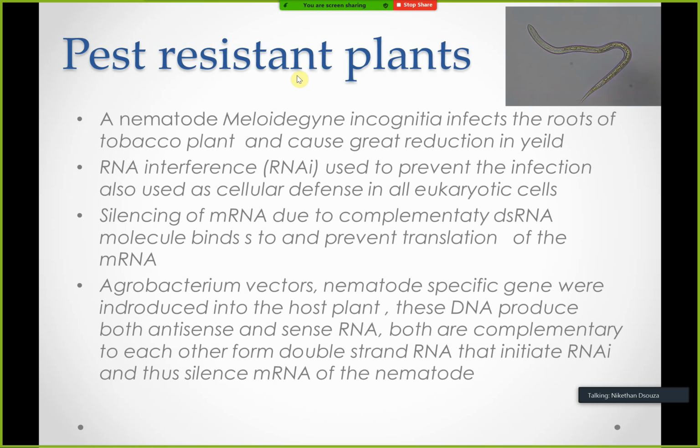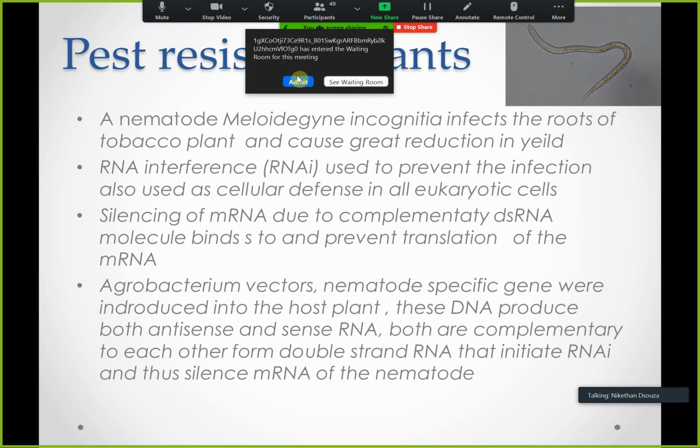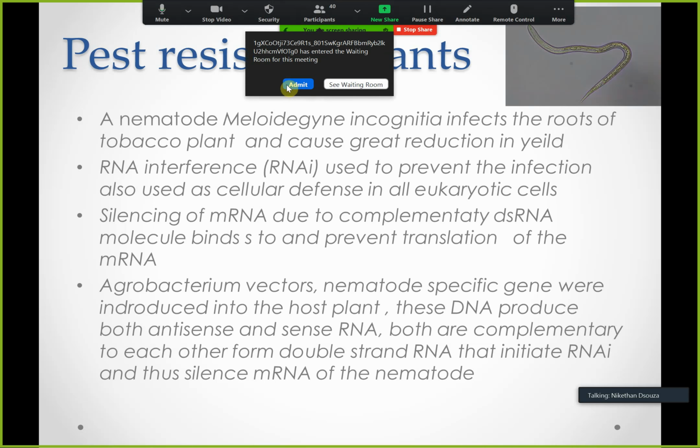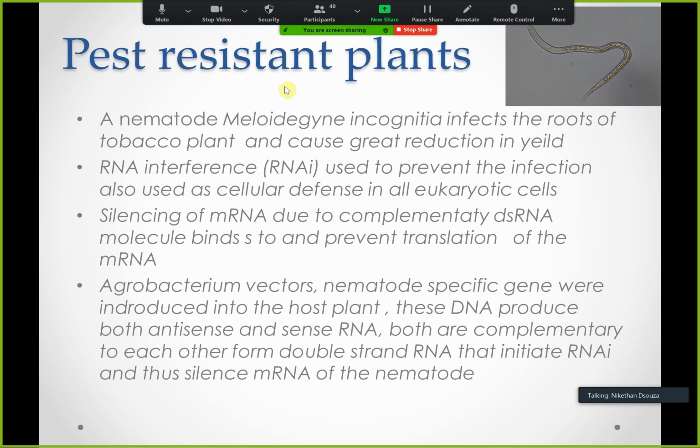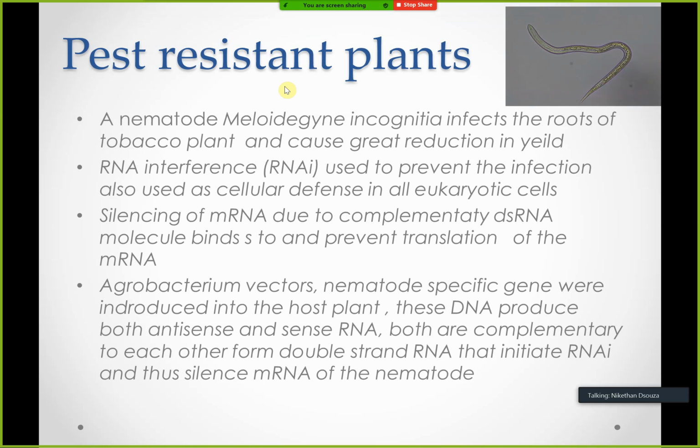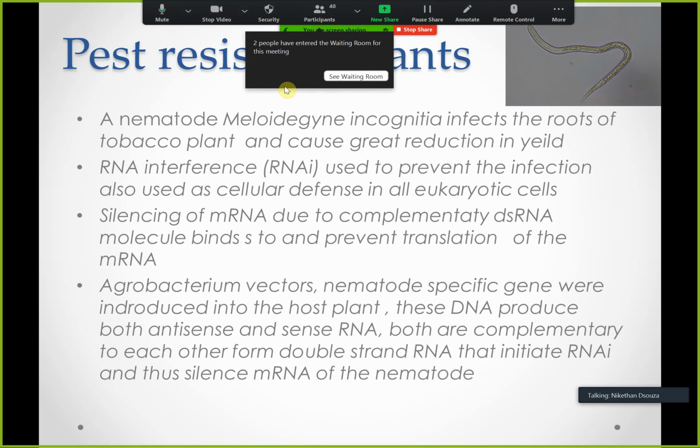These nematodes not only infect the plant, they infect eukaryotes. It infects eukaryotic animals. It may be humans, it may be plants, it may be animals. It can infect numerous hosts.